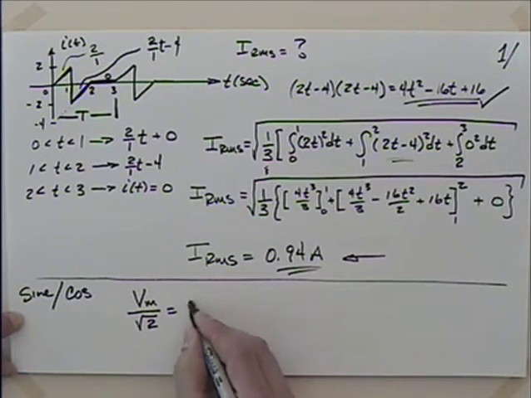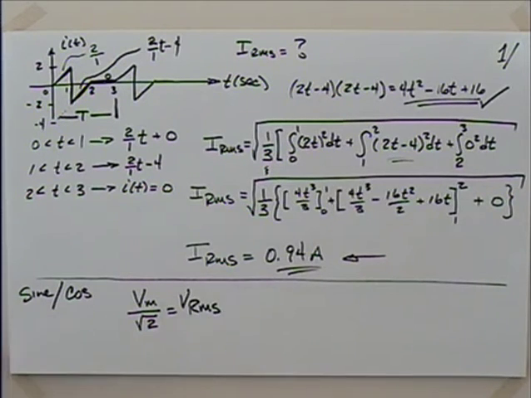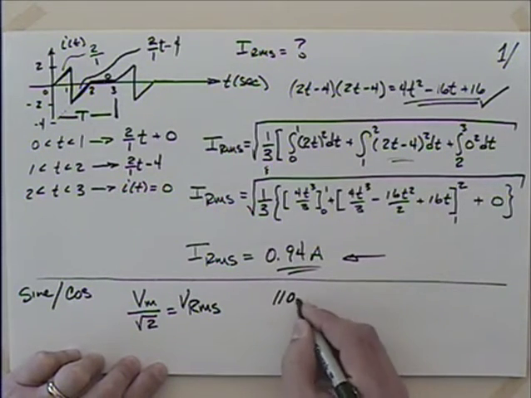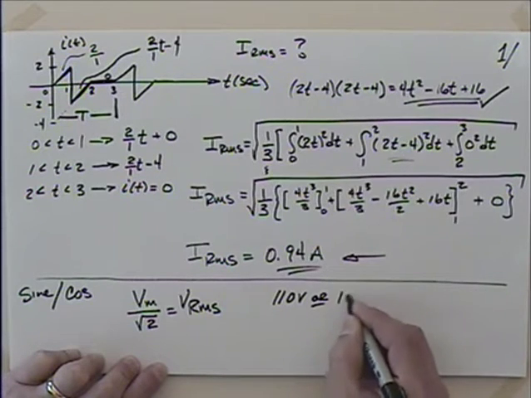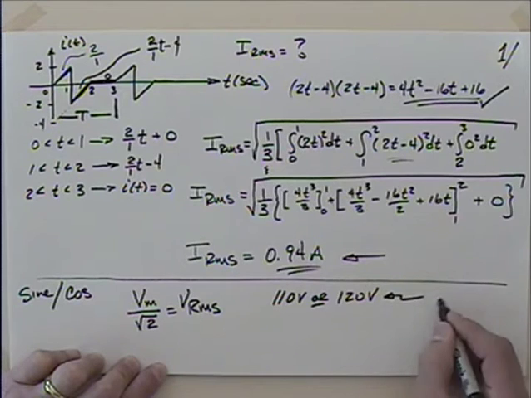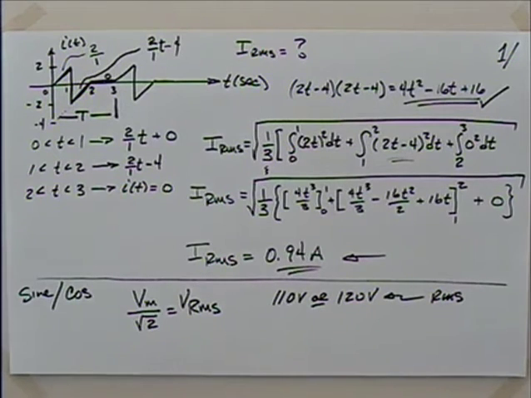Is that what we had? Okay. So when we talk about, let's say, 110 volts or 120 volts AC, that is really RMS. So when we look at the plug-in over there, at 110 or 120, that's RMS.